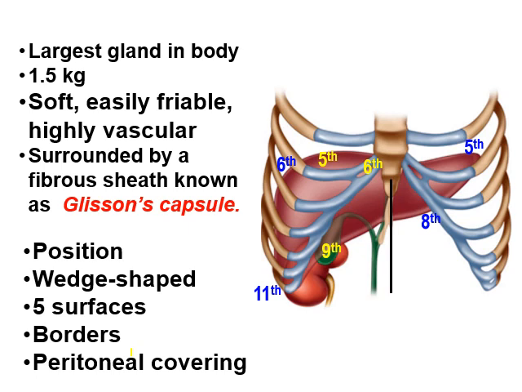These surfaces are separated by ill-defined borders, except for the inferior border, which is sharp and separates the anterior surface and right lateral surface from the inferior surface. The liver is covered completely by peritoneum except for the area in the posterior surface named the bare area.